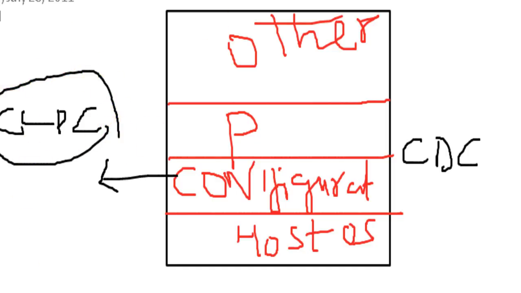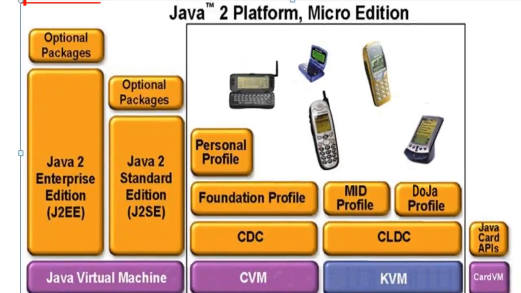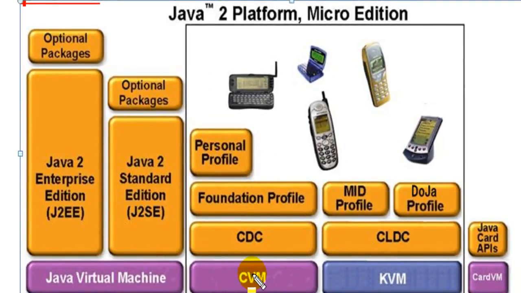Depending on whether it is CLDC or CDC based, the virtual machine in the configuration is also different, as shown in the picture. If we have CDC based configurations, then we have CVM. But if we have CLDC based configurations, then we have the Kilobyte Virtual Machine.